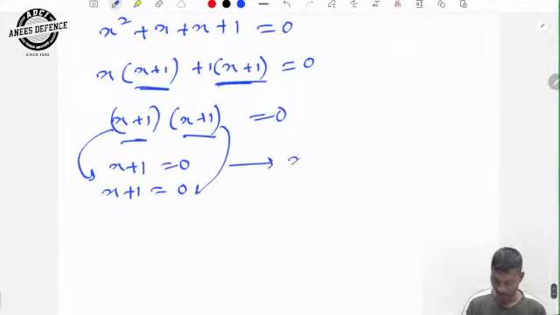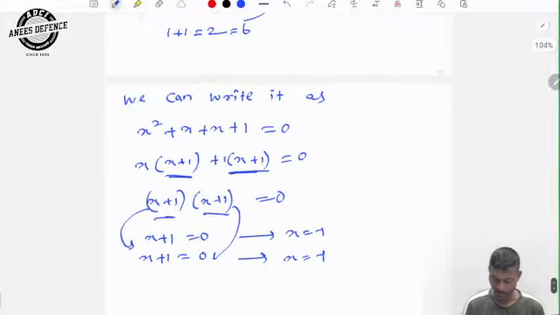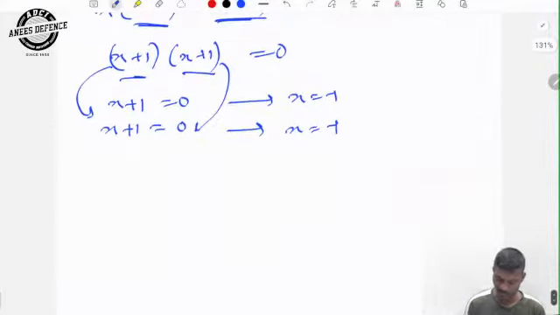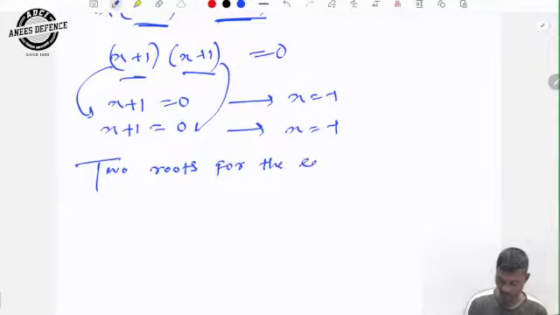Here we will get x is equal to minus 1, and here also we will get x is equal to minus 1. So the two roots for these equations are minus 1.